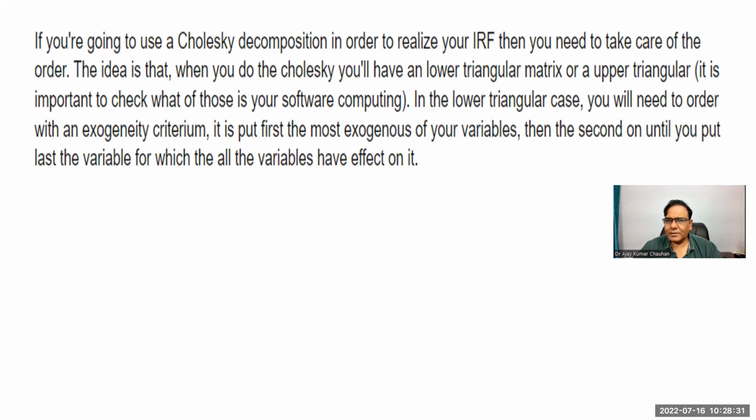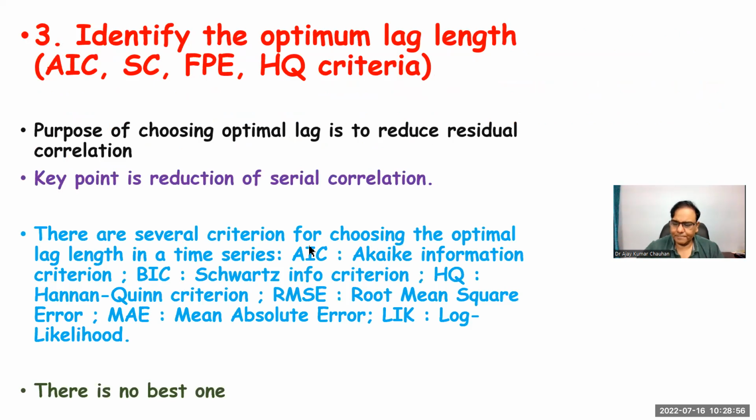The idea is that when you do the Cholesky, you have a lower triangular matrix or an upper triangular matrix, because in the vector autoregression model, every calculation is based on matrix algebra. In matrix algebra, you know that there is a diagonal in between, and the lower part is known as the lower triangular matrix and the upper part is known as the upper triangular matrix.